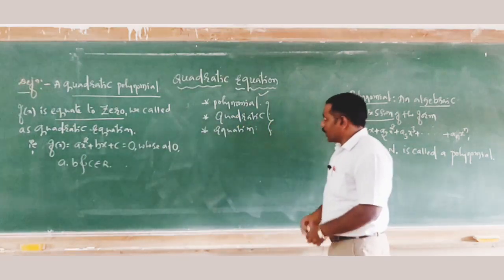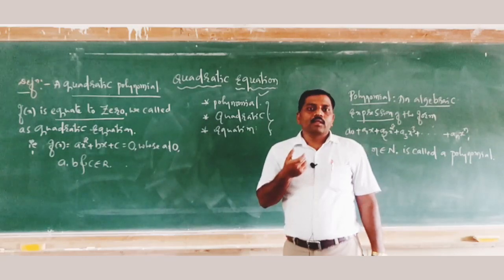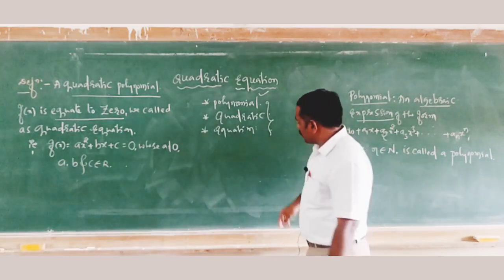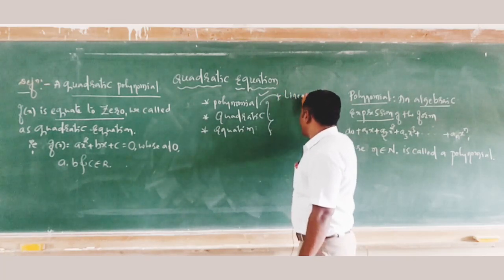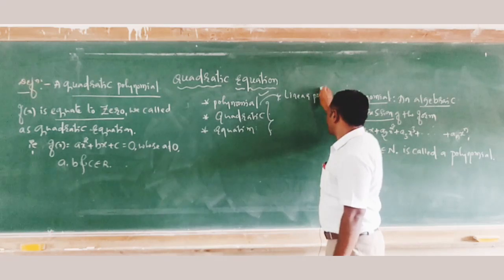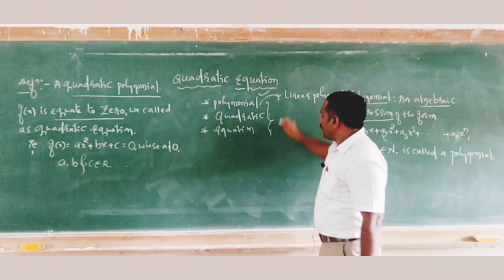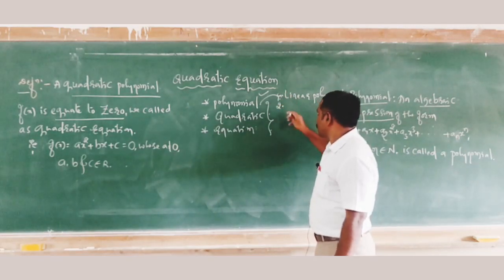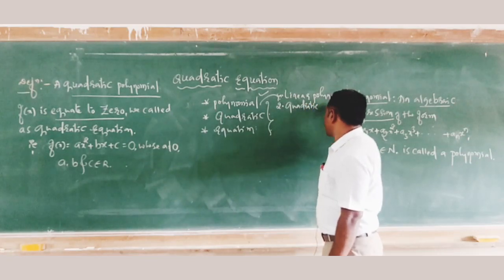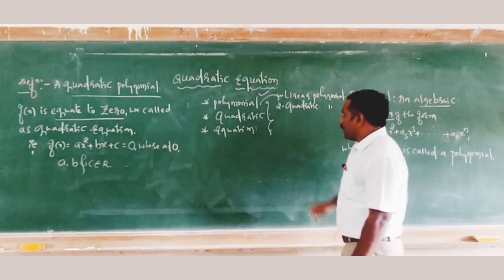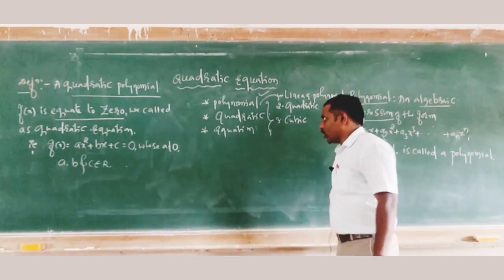Then in the polynomial there are three types. First one, linear polynomial, second one, quadratic polynomial, and third one, cubic polynomial.